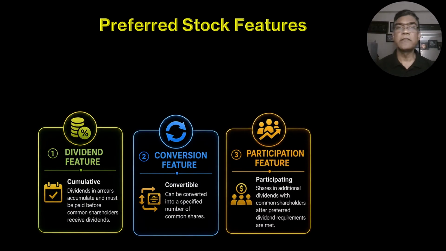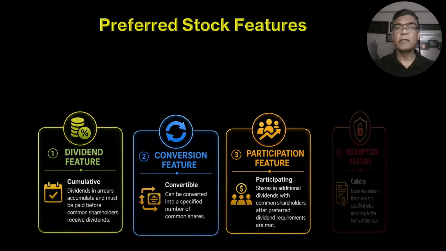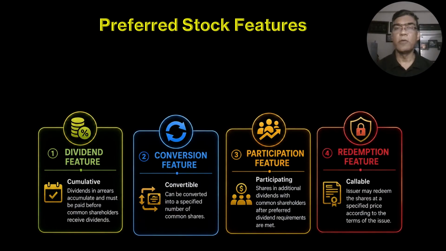Then comes the participation feature. Participating. These shareholders can share in additional dividends with common shareholders once preferred dividends are satisfied. Finally, the redemption feature. Callable. The issuer can redeem the shares at a predetermined price under the terms of the issue.